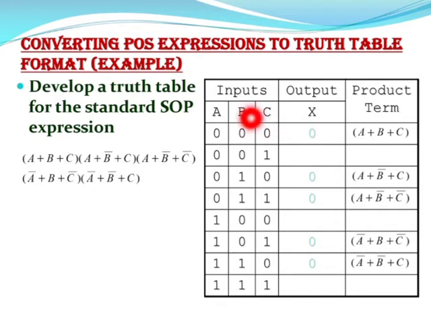In POS, A, B, C corresponds to 0 0 0, and a complement corresponds to 1, that is 0 1 0. Next step, you should fill the remaining rows with 1. It's over.